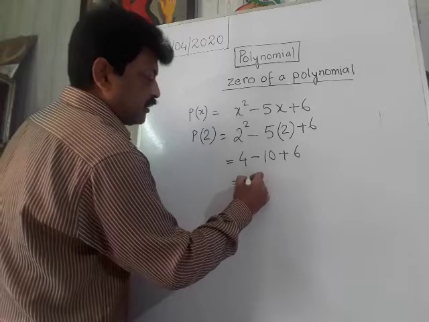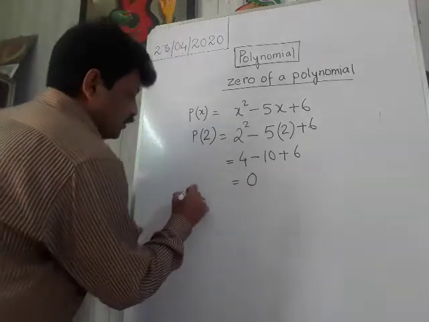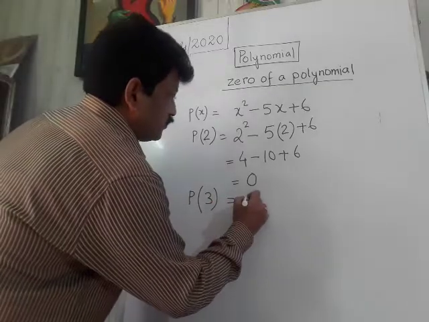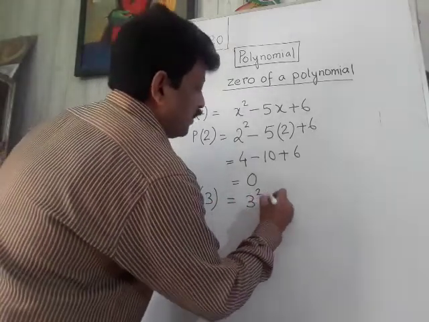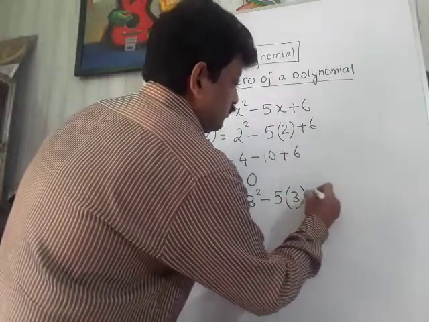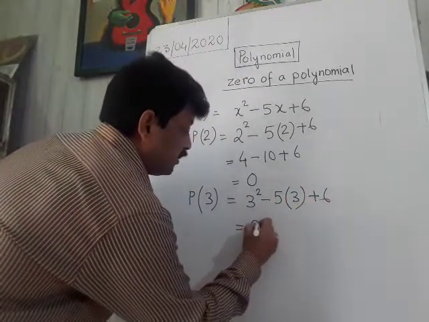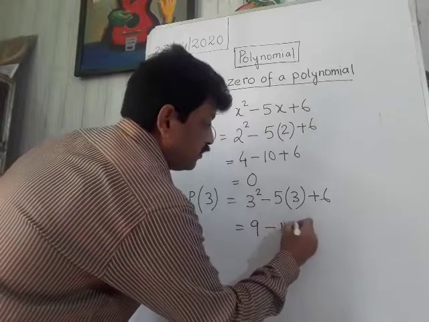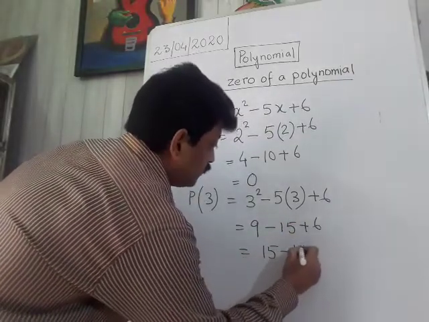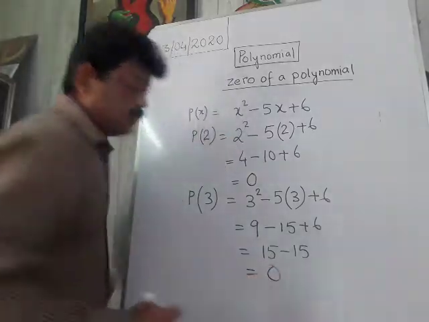So 4 plus 6 is 10, 10 minus 10 is 0. Similarly, if we replace x by 3, it is 3 squared minus 5 multiplied by 3 plus 6. So this will give 9 minus 15 plus 6, 15 minus 15, that is 0.